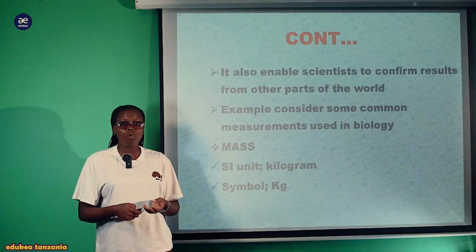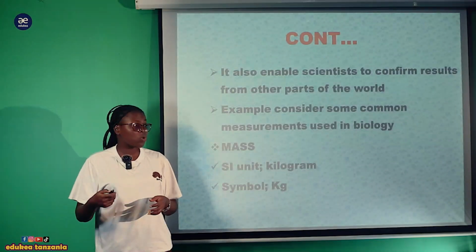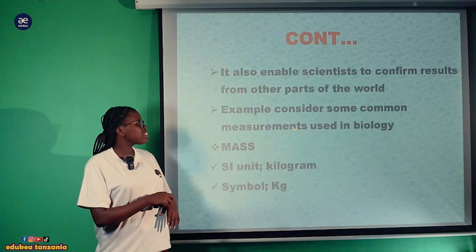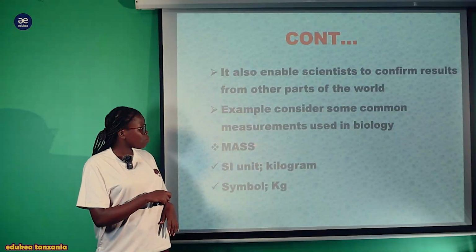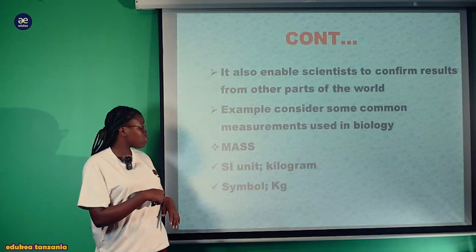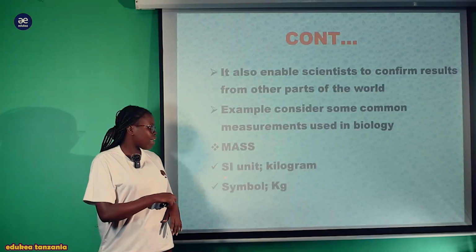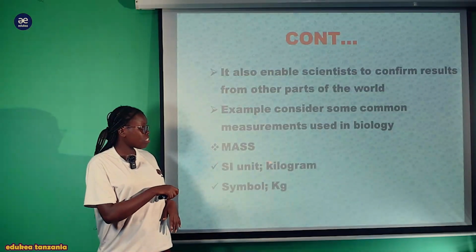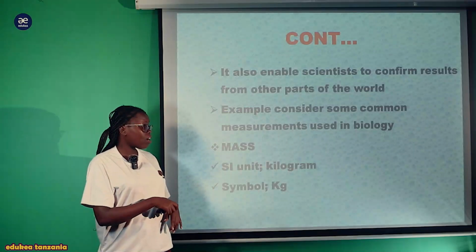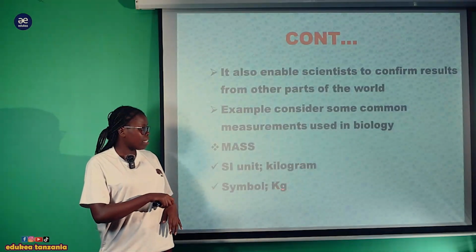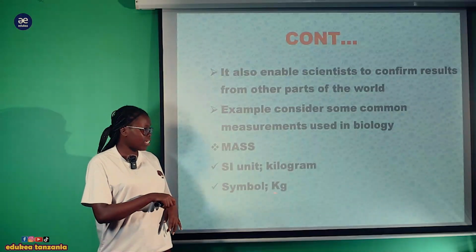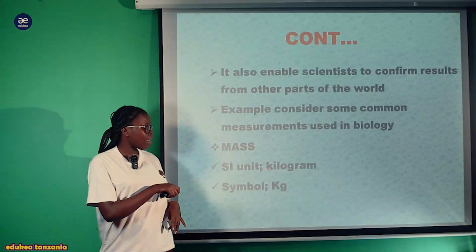Example, consider some common measurements used in biology. Measurement mojawapo tuna kipimo cha uzito au mass, na kizio cha SI unit au kizio cha uzito ni kilogram au gram, na symbol ya kilogram ni kg. Kwa kg hii inatumika kama alama ya kilogram. Let's look at a summary. Here we have the measurements.